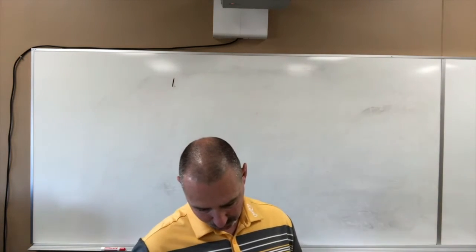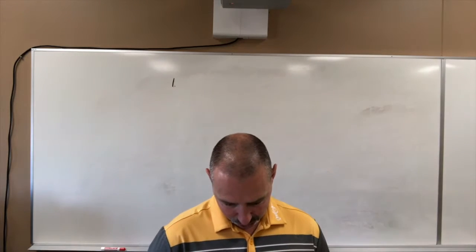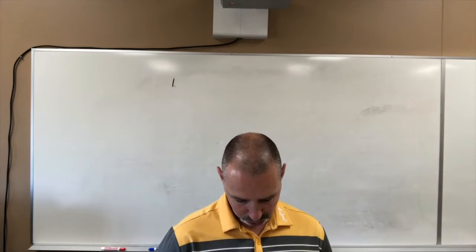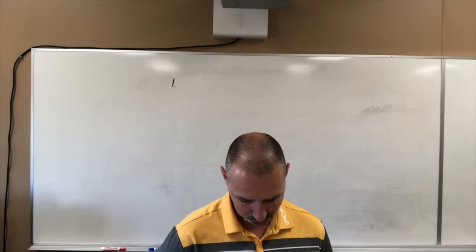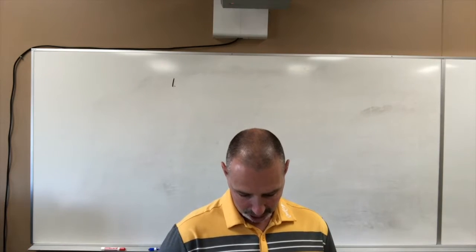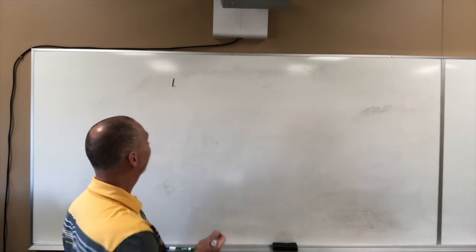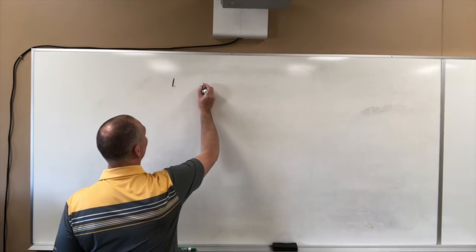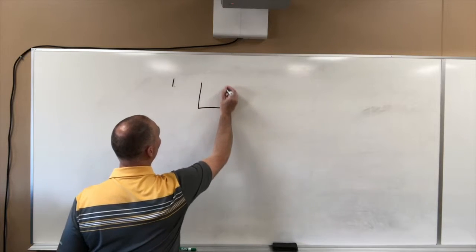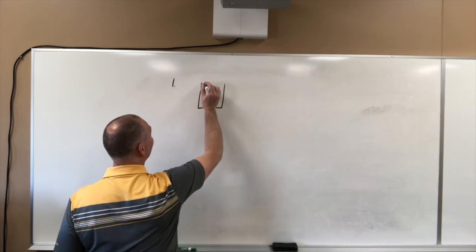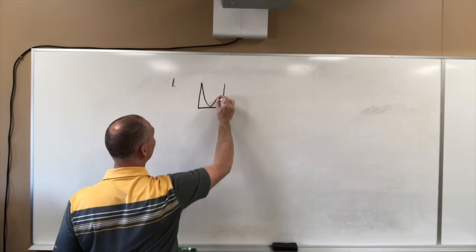It says the first resonant length in a closed air column occurs when the length is 30 centimeters. What will the second and third resonant lengths be? All right, so the first resonant length in a closed column is 30 centimeters. Now remember, when we have a closed column, the first resonant length happens when it looks like this.